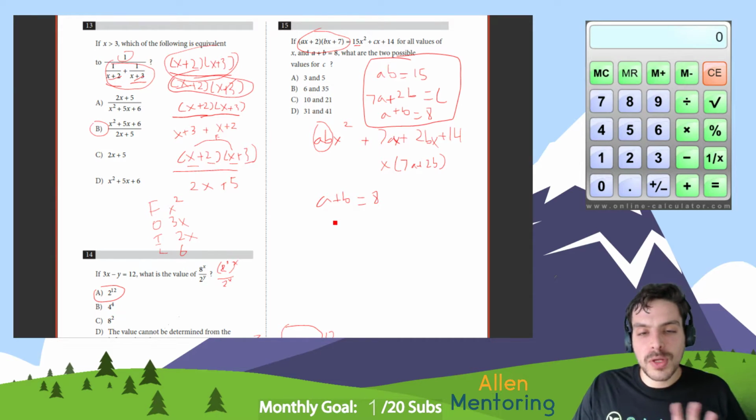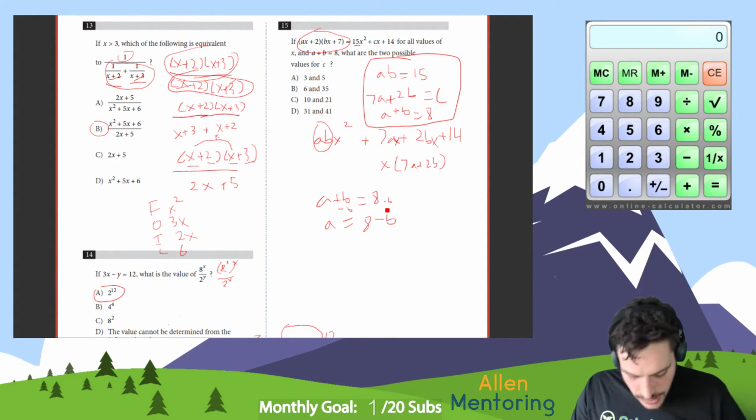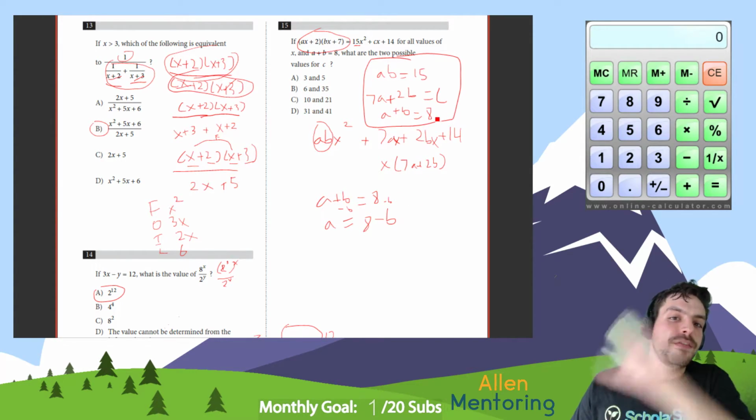Usually the way you want to work through these is you want to isolate one of the variables. So I'll isolate a is equal to 8 minus b. All I do is subtract b on both sides. If this is the case, then you can plug this back into a different equation.